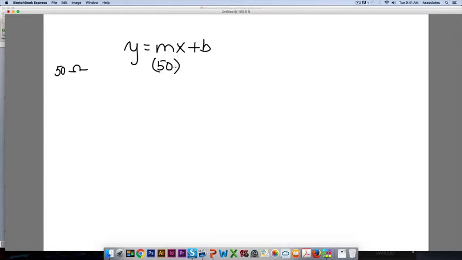Now, I've got to use one of those 2 points. So why don't I use the point (0.12, 6). This is the x value, this is the y value. I'm just going to plug them in. So I get 6 equals 50 times 0.12 plus b. 50 times 0.12 is 6.